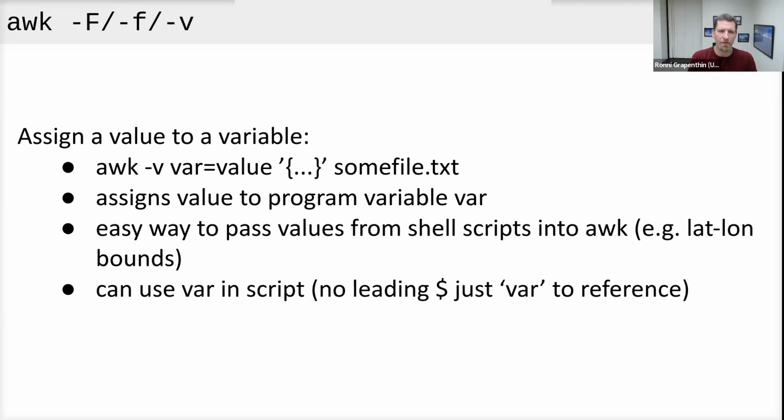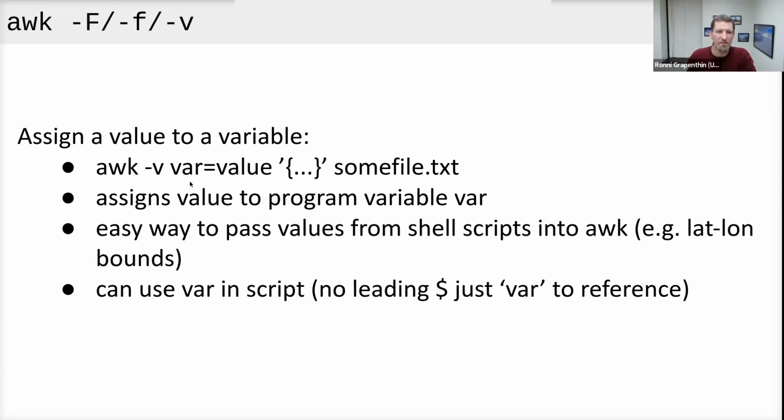Lastly, you can hand values into awk from command line variables. You can do that with minus v, and then you use a variable name. This could be anything. It could be A, B, C, D. Here I use var, and you set it to some value, and then you have your program that you might want to execute on some file.txt.